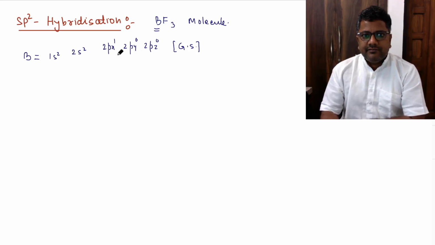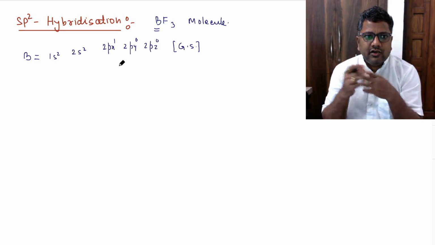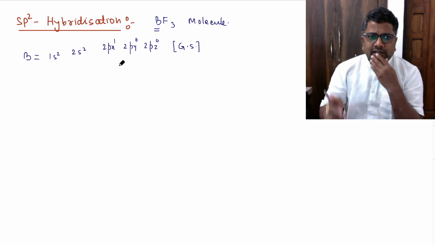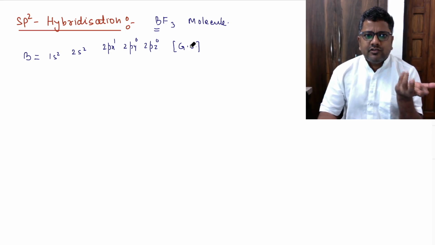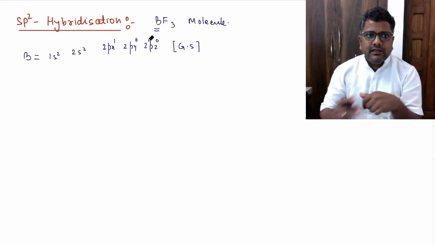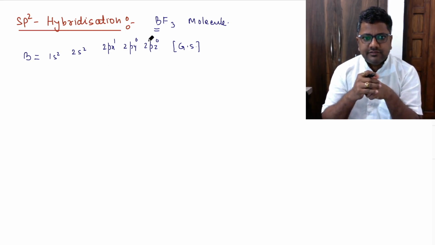Now see, if this ground state configuration of boron is involved in hybridization, then how many possibilities are there? There are so many possibilities: it may be sp hybridized, it may be sp2, it may be sp3, because there is no restriction on the presence of 2 electrons, 1 electron or no electron in hybridization, right?